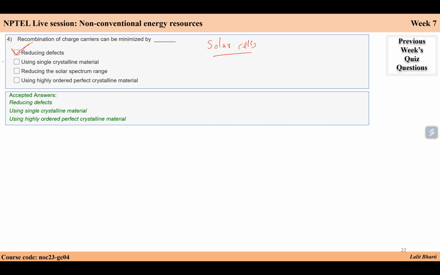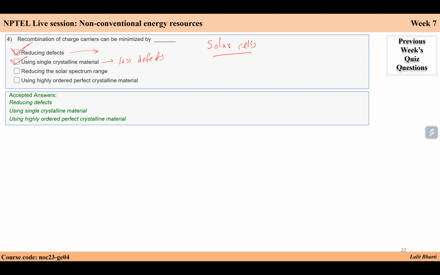Using single crystalline material, that is also correct because if you use very high quality pure material, there will be very less defect. That is also the same as the first option.